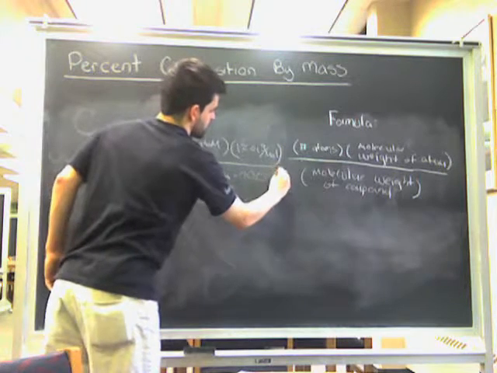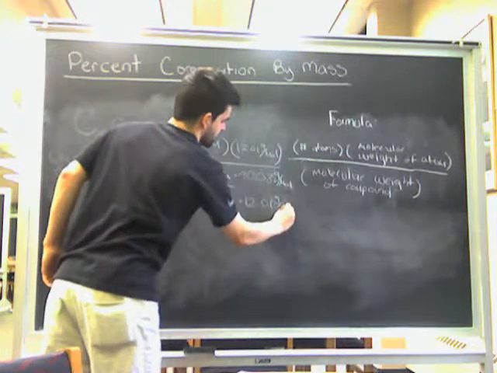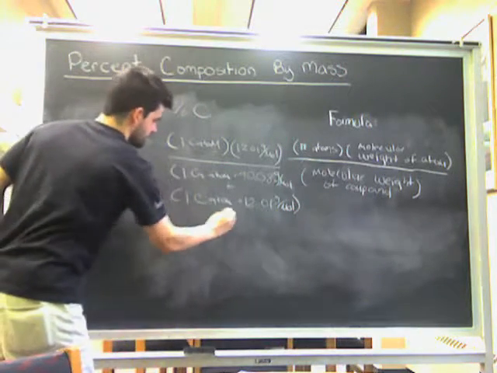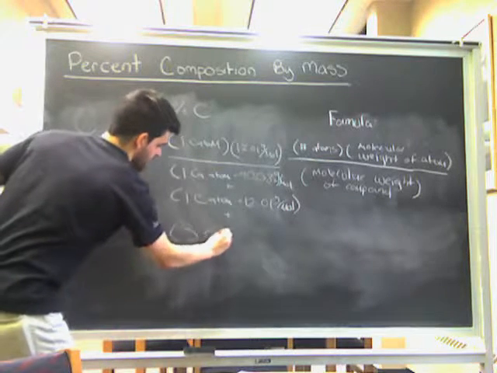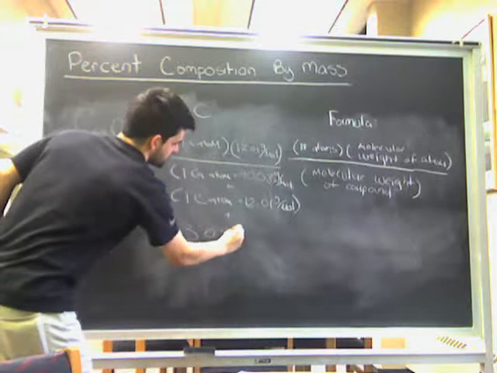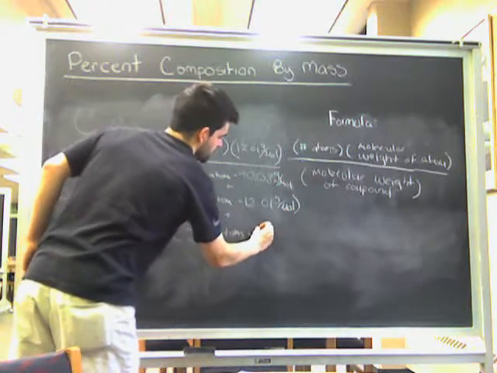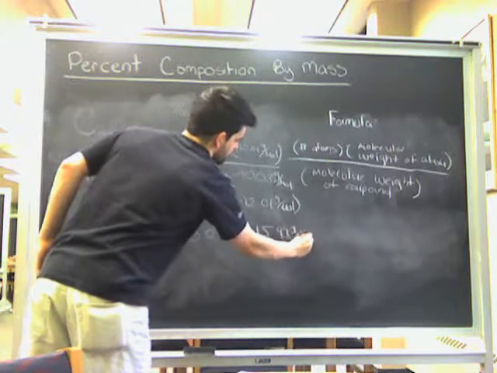And again, guys, keep your units. Kind of being bad about that right now. Alright. Plus 3 O atoms times 15.99 grams per mole.